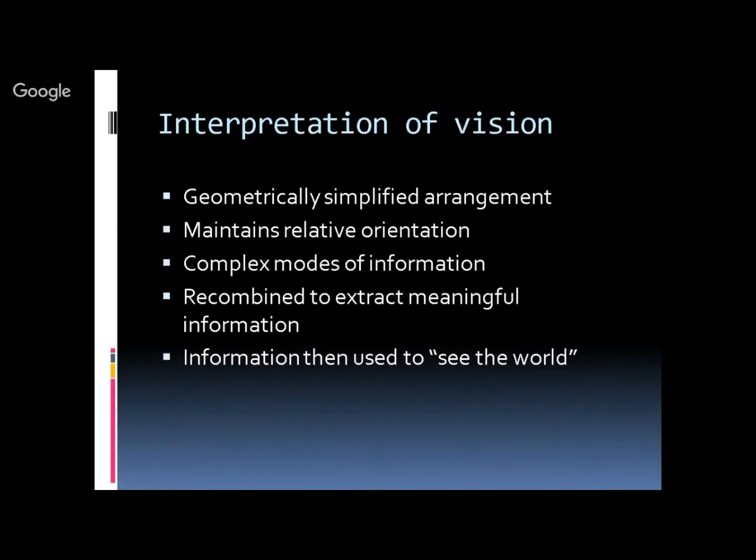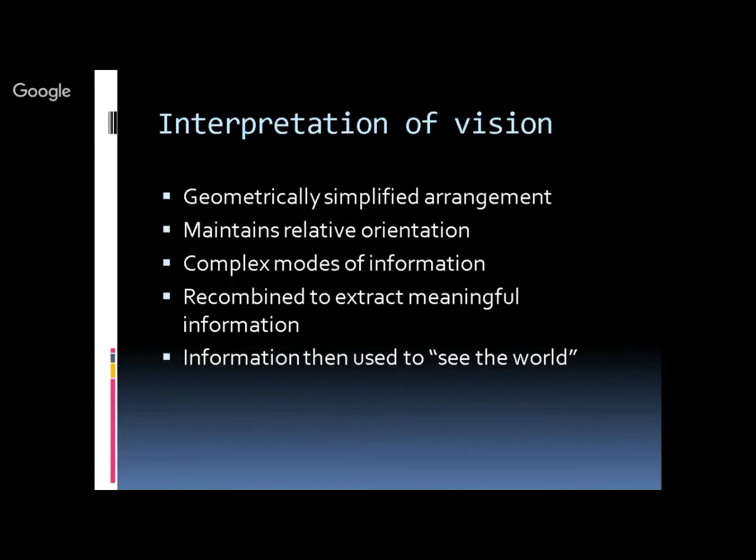Okay, interpretation of vision. There are some geometrically simplified arrangements, which we alluded to, in terms of some of the signals processing through, in terms of orientation and moving across the field. It does maintain the relative orientation, so if something is to the right of something else, you preserve that in the visual field.